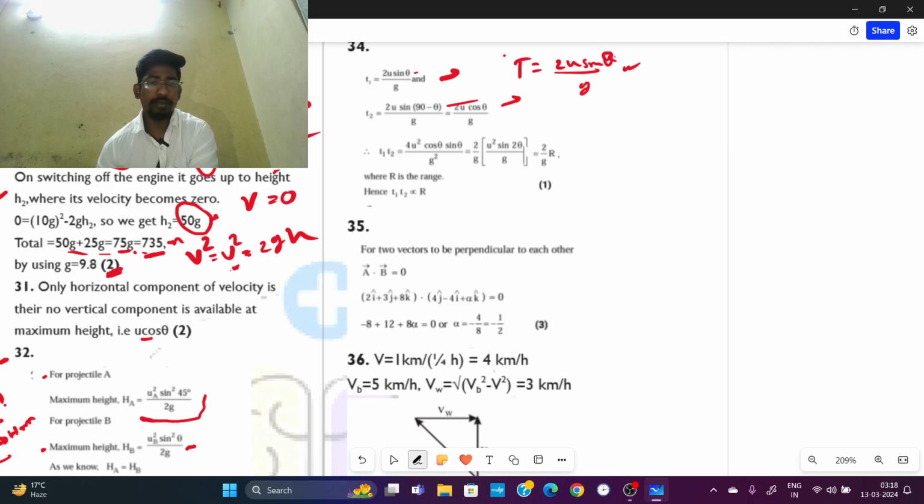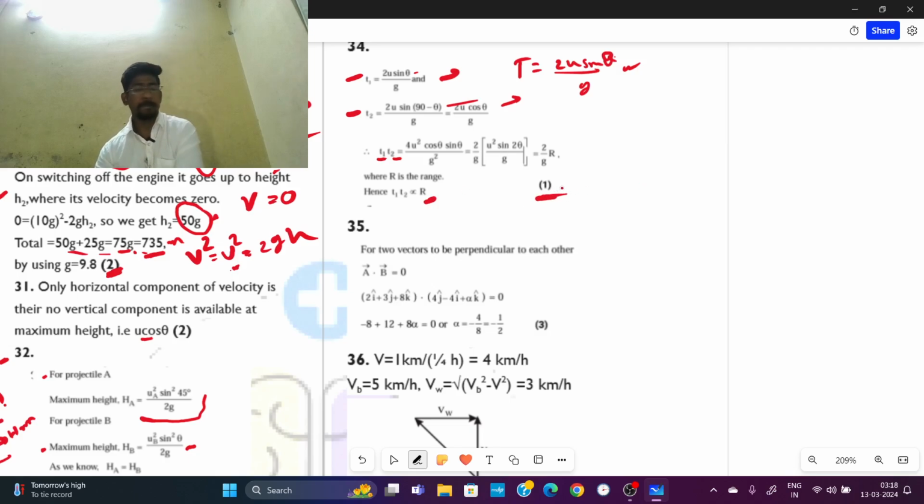If you multiply these two, you will get 4u square sin theta cos theta by g square. Taking the 2g, you get u square sin 2 theta by g, which equals R. So t1 into t2 is nothing but 2R by g. As g is constant, t1 into t2 will be proportional to R. That means option 1 is correct.